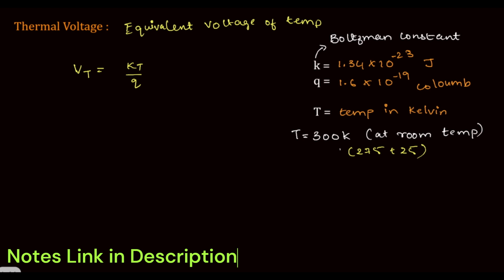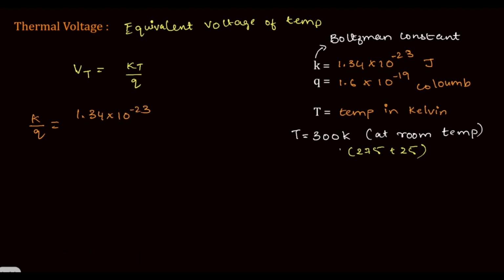So let us first calculate the value of k by q. k by q is equal to 1.34 into 10 to the power minus 23 by 1.6 into 10 to the power minus 19. And this will give me, these are all inverse, right?